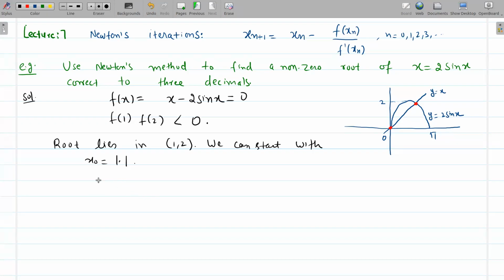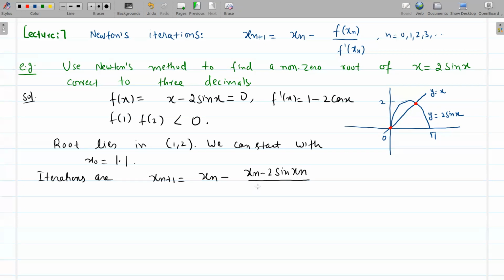So the iterations are x_{n+1} equals x_n minus the function x_n minus 2 sin x_n, divided by the derivative, which is 1 minus 2 cos x_n. You can simplify by taking LCM.